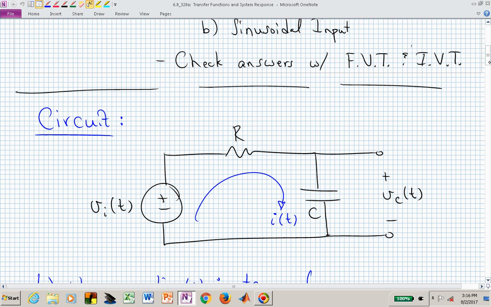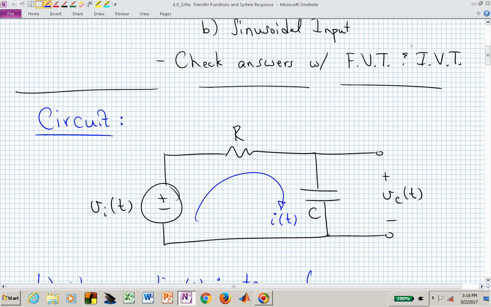What we've learned so far is how to move from differential equations to Laplace transforms. So let's now attack this circuit analysis problem by finding the differential equations or the governing equations that represent the dynamic behavior of this circuit.